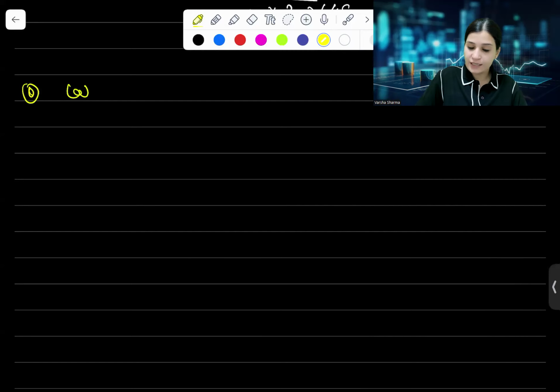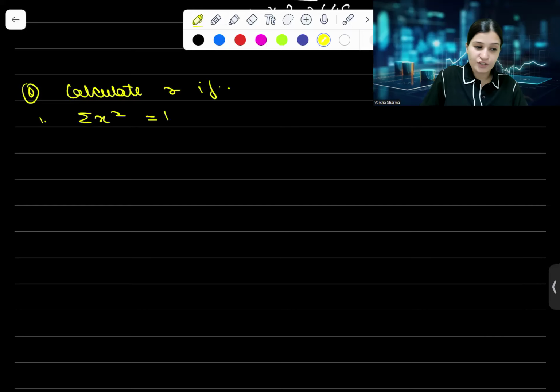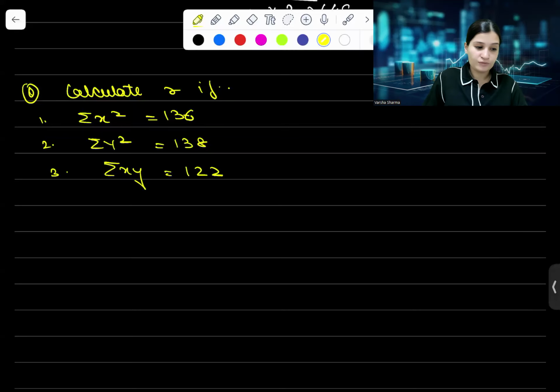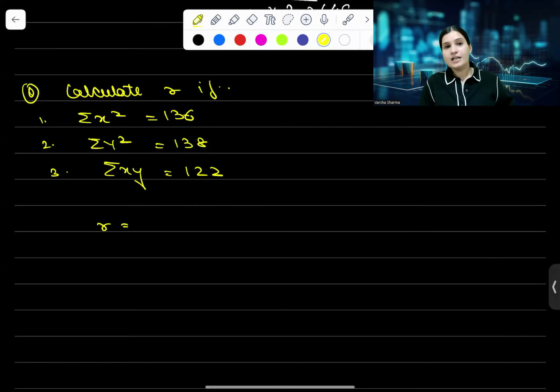Calculate R if sum of square of deviation of x is 136, sum of square of deviation of y is 138, and sum of product of deviation of x and y is 122.